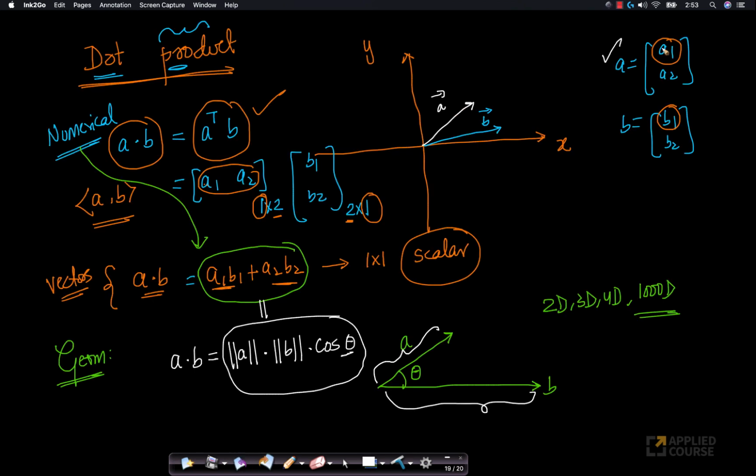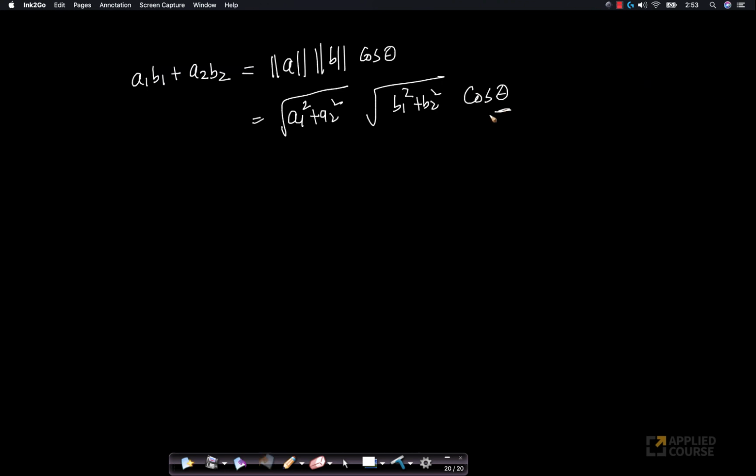So if you give me actual numerical values for a1, a2, b1, b2, I can compute theta. I just place these values here: a1 b1 plus a2 b2, divided by the square root of a1 square plus a2 square multiplied by the square root of b1 square plus b2 square.